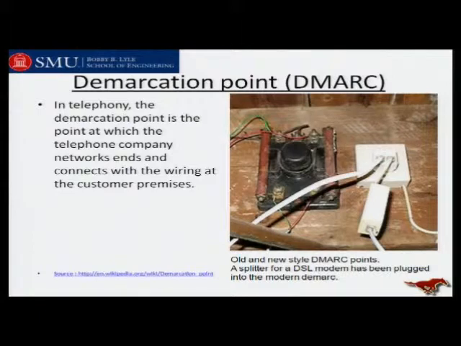The figure over here shows two demarcation points. The one on the right hand side is the modern demarcation point, and the one on the left hand side is an old demarcation point. A splitter for a DSL modem has been plugged into the modern demarcation point, as you can see over here. This figure is a demarcation point. It's taken from Bell Canada.